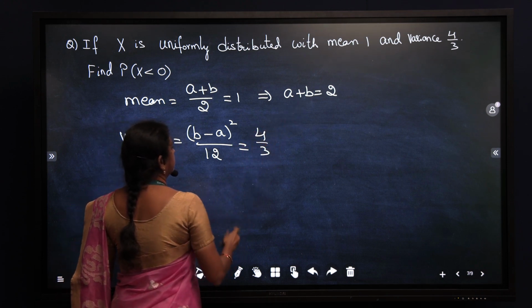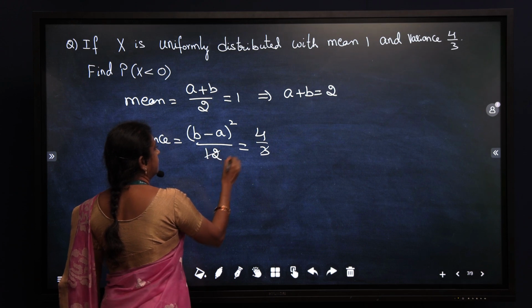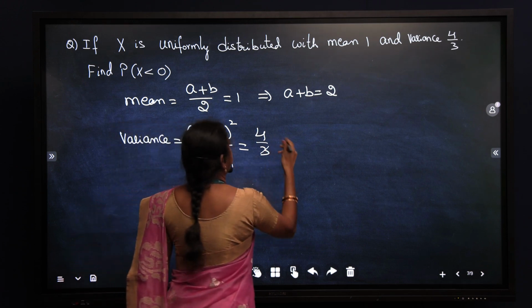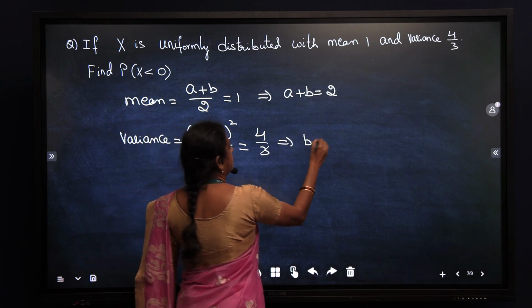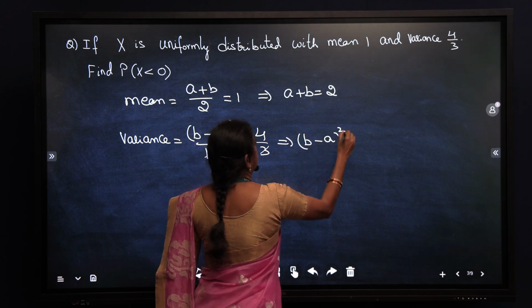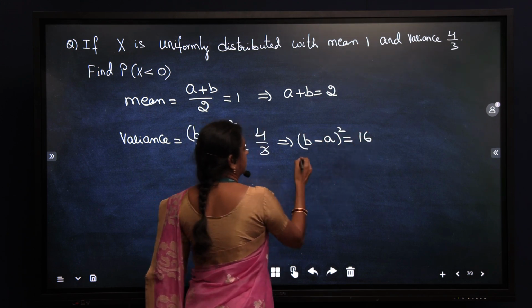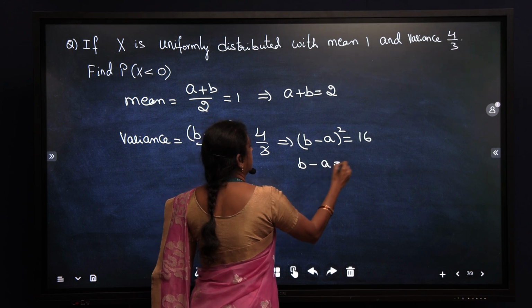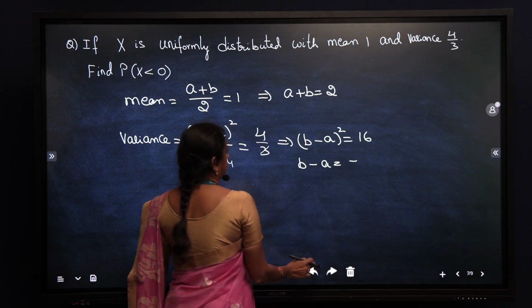On simplifying, if we cancel the terms, we will have (b minus a) whole square is equal to 16, that is b minus a is equal to plus or minus 4.